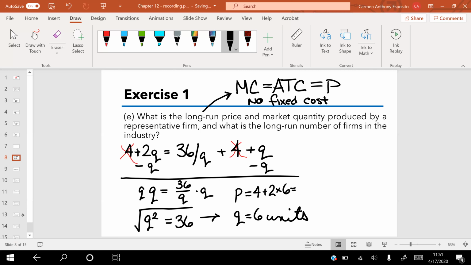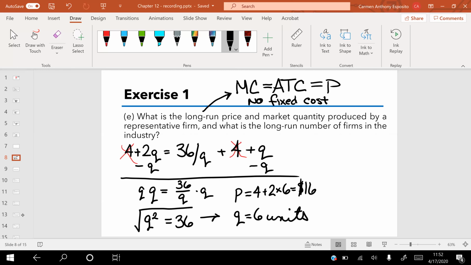Well, 12 plus 4, $16. So before I get the long run number, let's see what's happening here. Each firm now is producing less. Price went down. So it's a good assumption that there's going to be a lot more firms in the market.